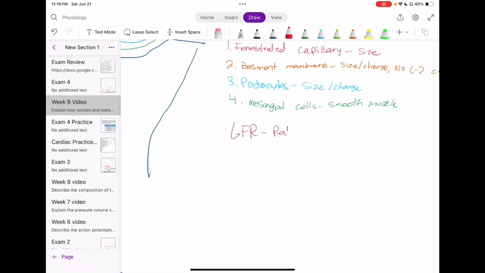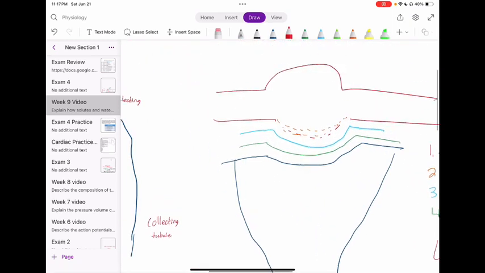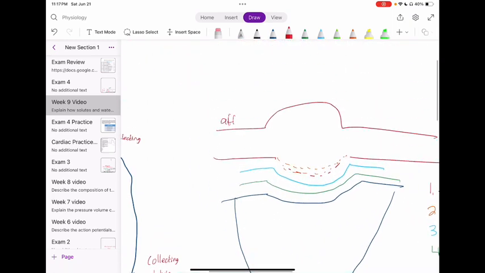And GFR is the rate of filtration. So GFR and blood pressure are highly correlated. We have on this side, we call this the afferent.